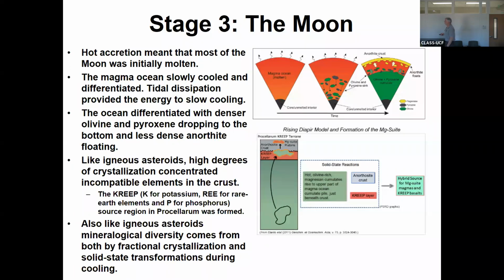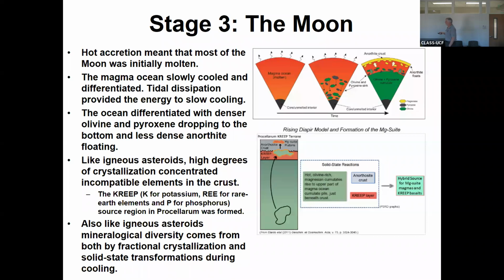So the magma ocean differentiated. The dense stuff, the olivines and the pyroxenes, as they crystallize, would drop to the bottom of the ocean, and the less dense, more felsic stuff, the anorthite, would float. Just like in the igneous asteroids, as you get into high degrees of crystallization, you concentrate the incompatible elements, and you tend to concentrate them at the base of the crust.